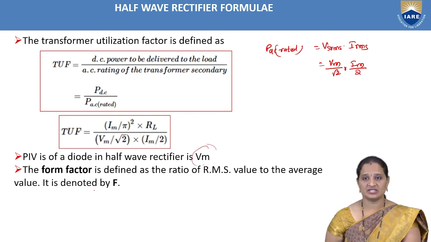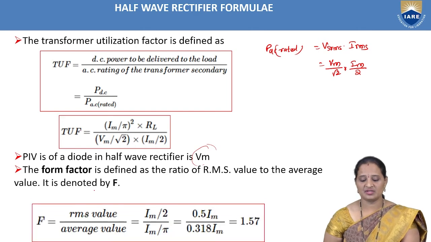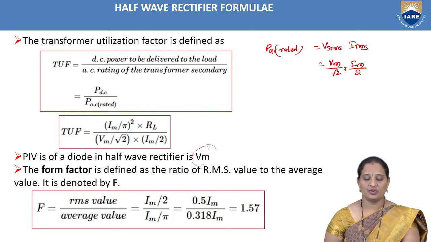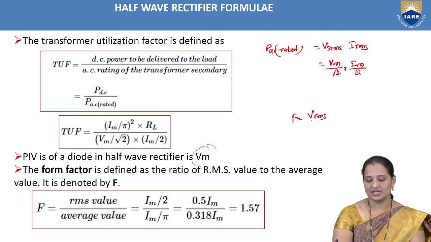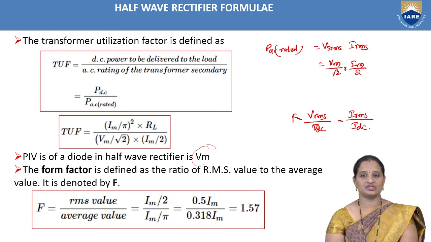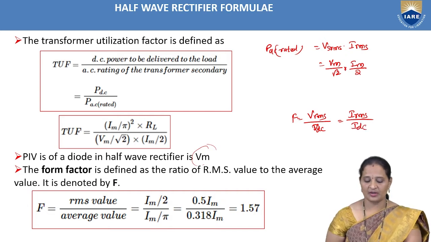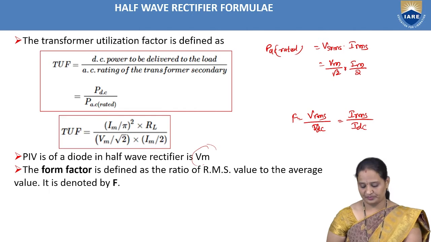The form factor is defined as the ratio of the RMS value to the average value, that is VRMS divided by VDC, or we can also take IRMS divided by IDC. You can take either voltage or current. So this is the form factor.